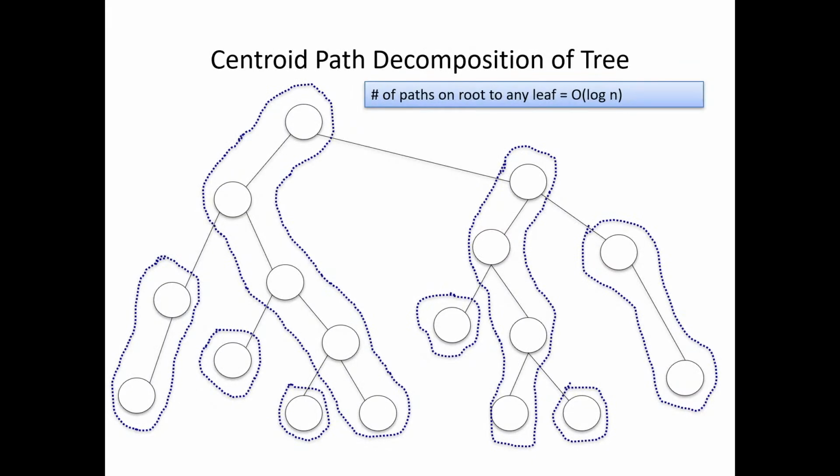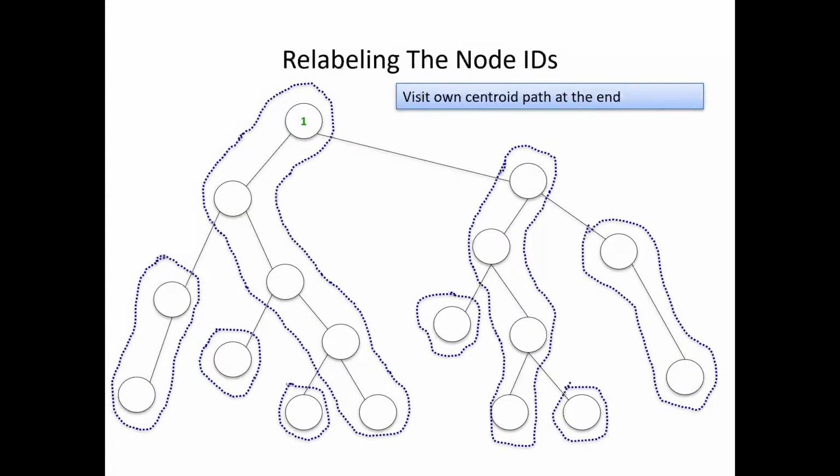All right. Now we want to still steal one constraint out. So here's a trick. It looks like a trick, but we went through a lot of things and cleaned it up to this trick. So we are going to label the node IDs. The visit to its own centroid path comes at the end.